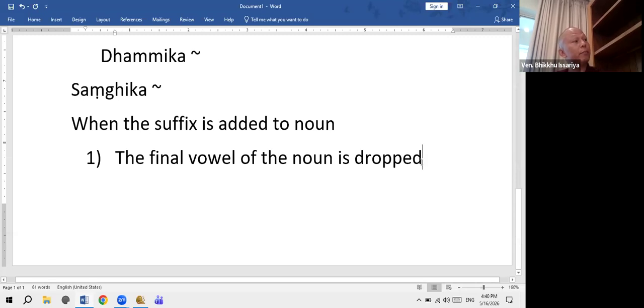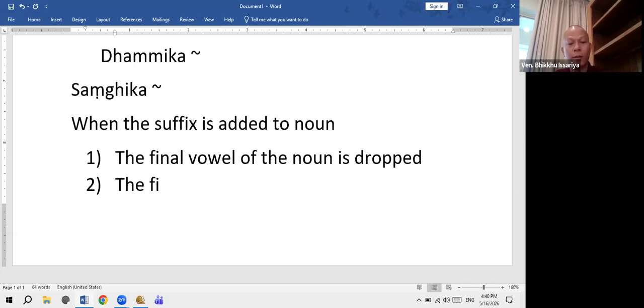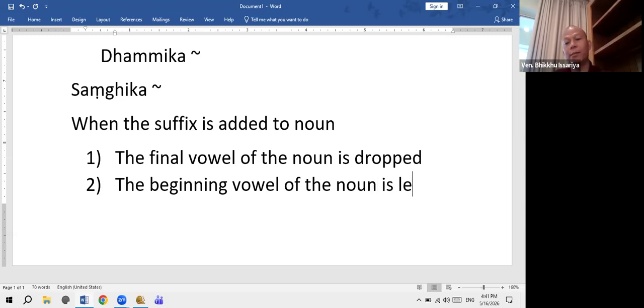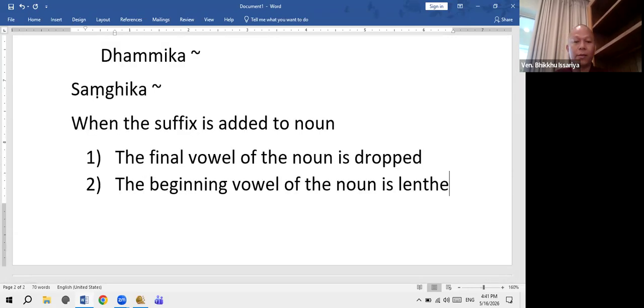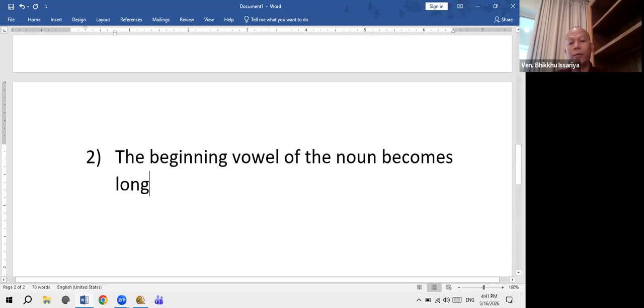And then, the beginning vowel of the noun is lengthened, or becomes long in sound.